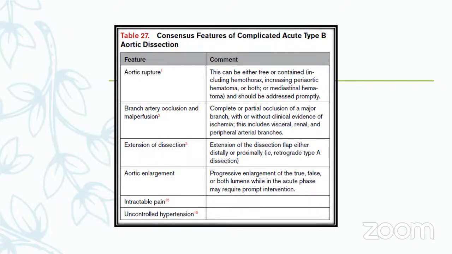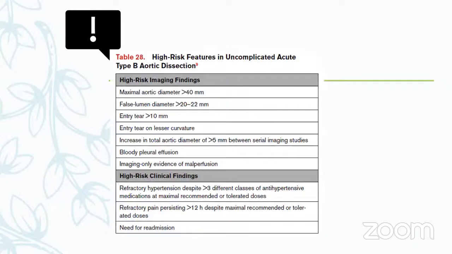The dissection extends either proximally or distally, there is progressive enlargement of the true lumen, false lumen, or both, or the patient is complaining of intractable pain or uncontrolled hypertension. If any one of these criteria is present, the type B aortic dissection is called complicated.